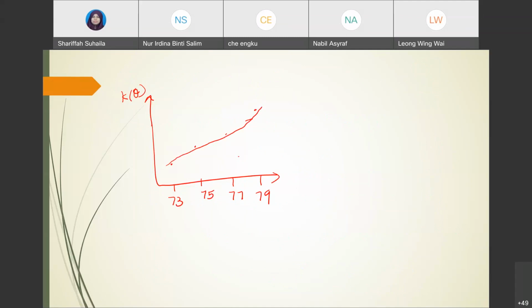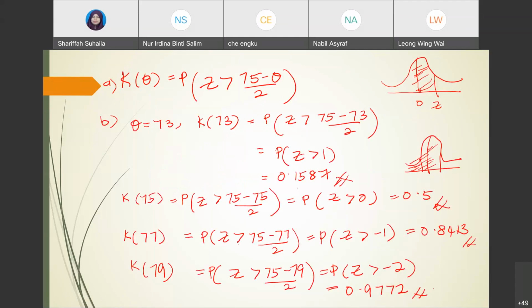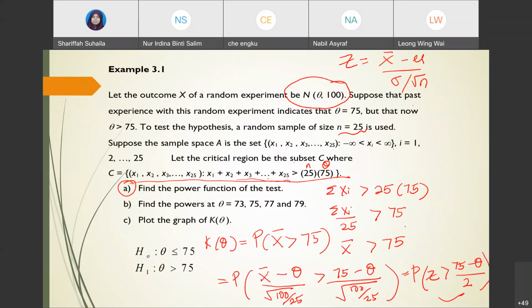Going back, K theta is the probability of rejecting the null hypothesis. Let me rewrite the hypotheses from the question: null is theta less than or equal to 75, alternative is theta greater than 75.